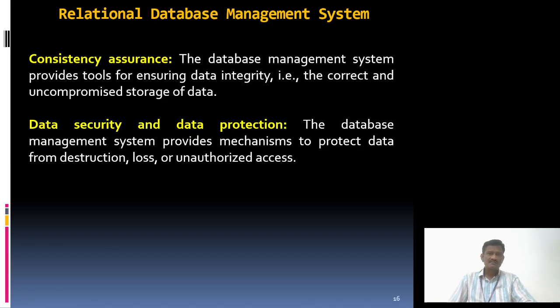Next is protection. Safeguard against data loss or corruption. These features make RDBMS ideal for mission critical applications. So, the database management system provides mechanisms to protect data from destruction, loss, or unauthorized access.